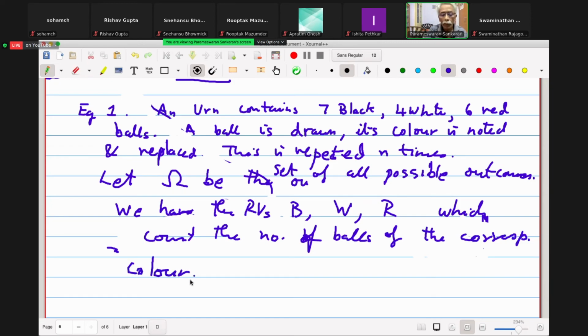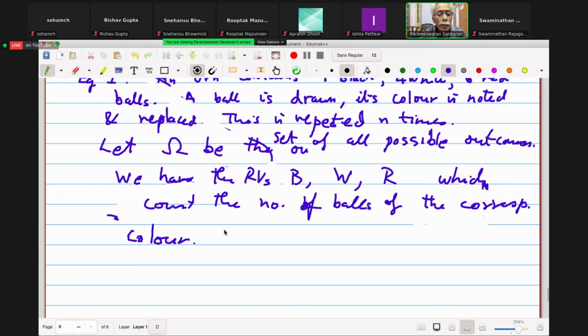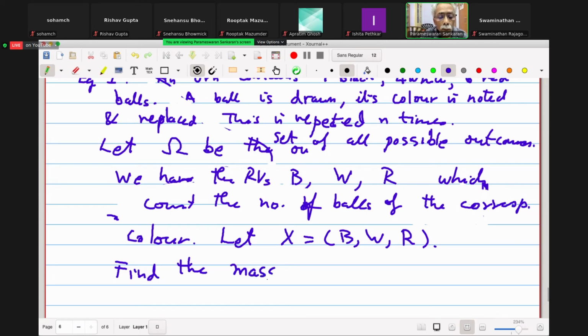Now let X be the random vector B, W, R. Find the mass function of X, because it's a discrete valued vector.